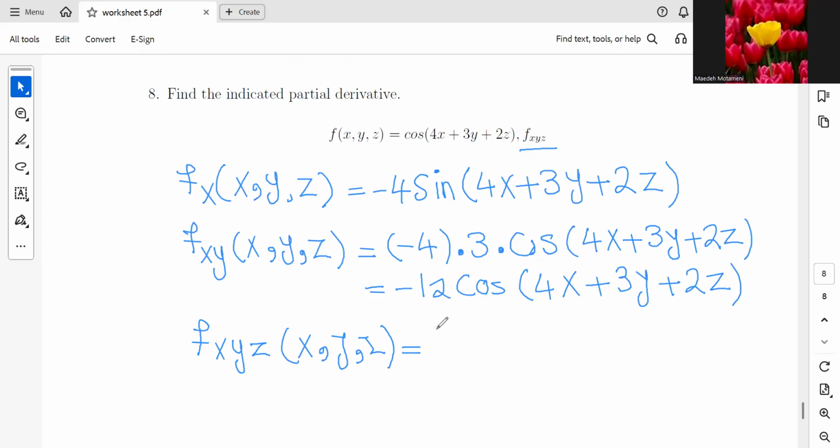So we keep the coefficient, we find the derivative of the inside with respect to z, which is 2, and the derivative of cosine is negative sine of whatever you have here.